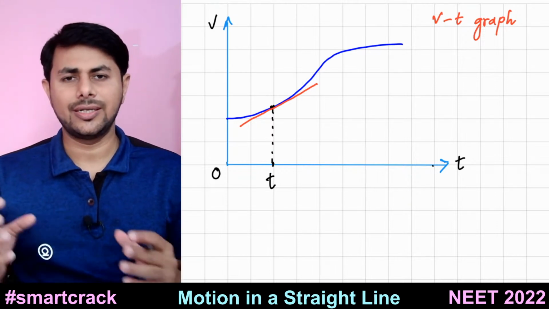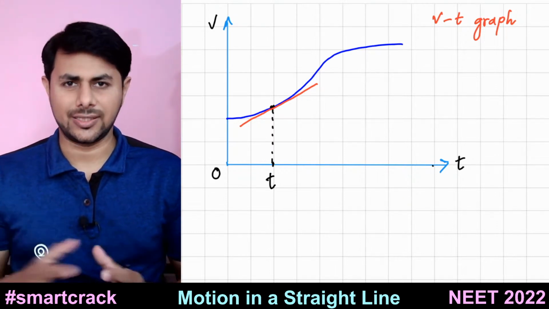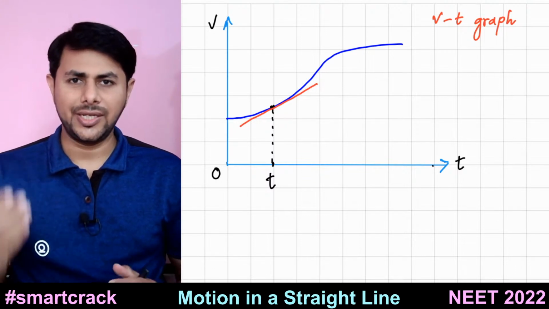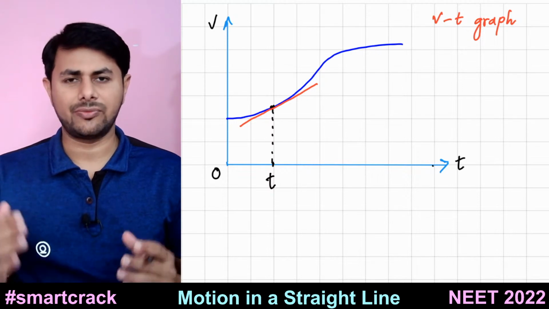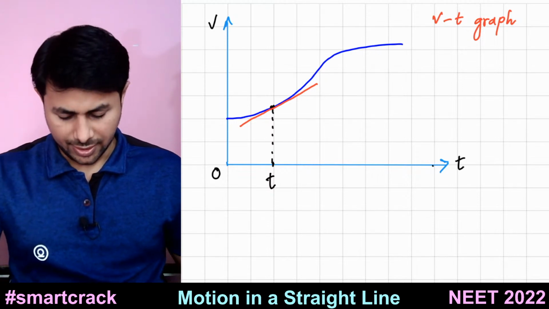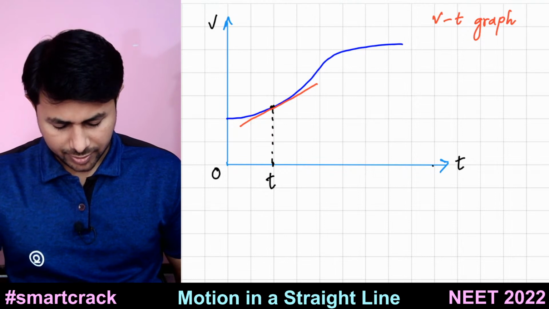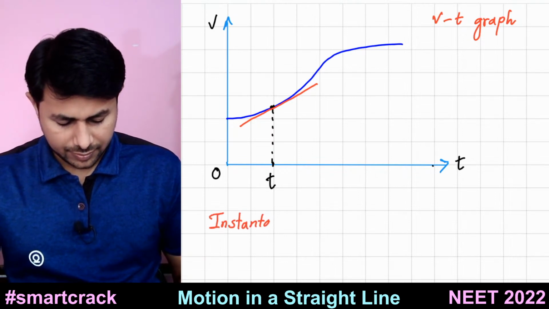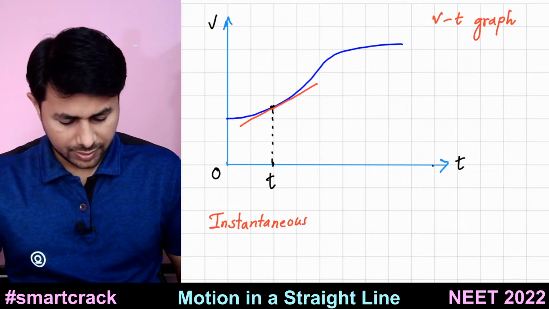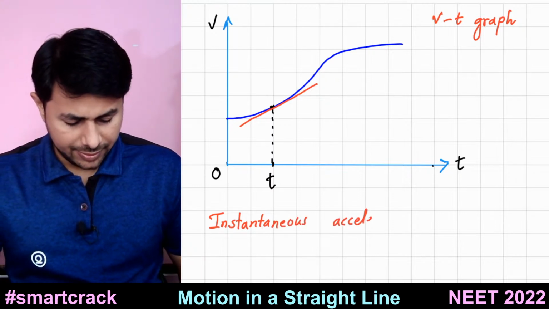It gives instantaneous acceleration. Change in position with respect to time is velocity. Change in velocity with respect to time is acceleration. So this slope will give instantaneous acceleration.